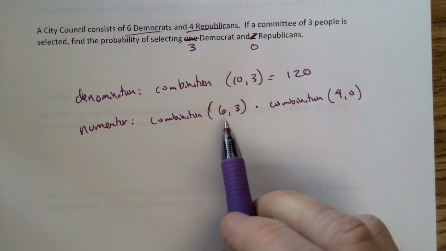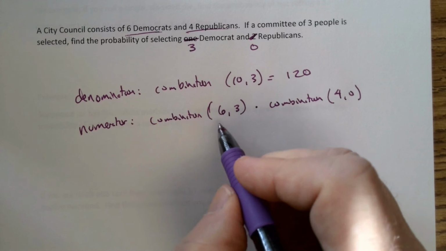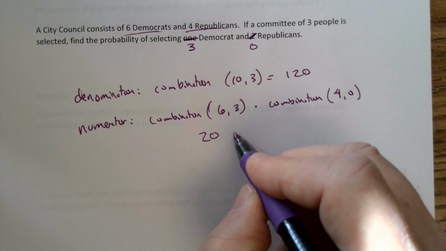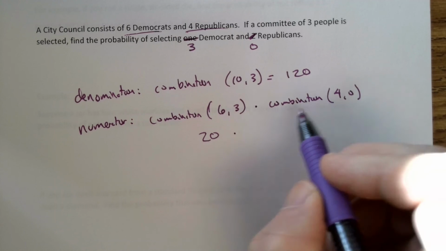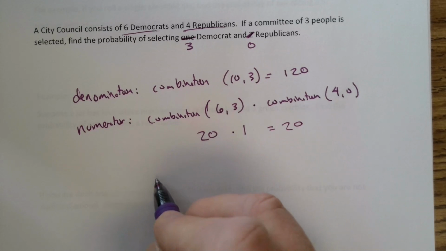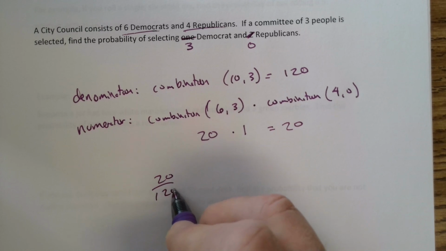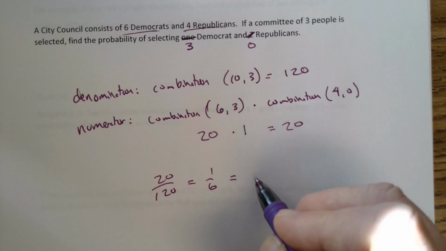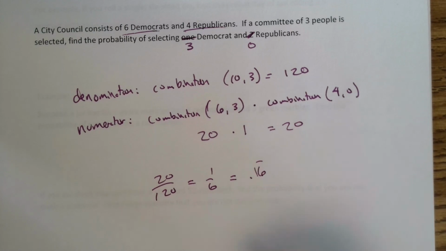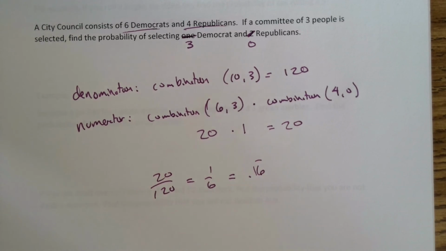So combination 6, 3 is 20. And there's only one way to pick 0 people from 4. So this should equal 20. So 20 over 120 is equal to 1/6, which is 0.1667.